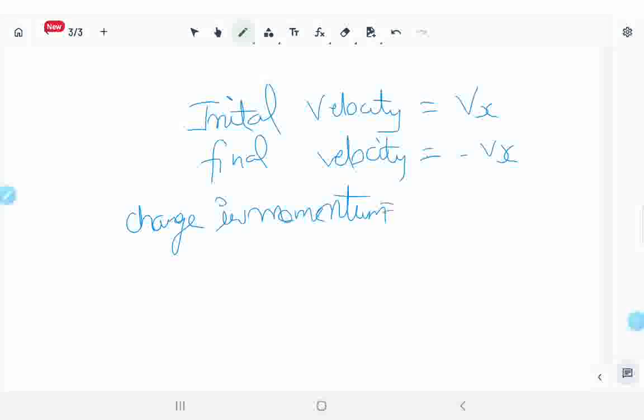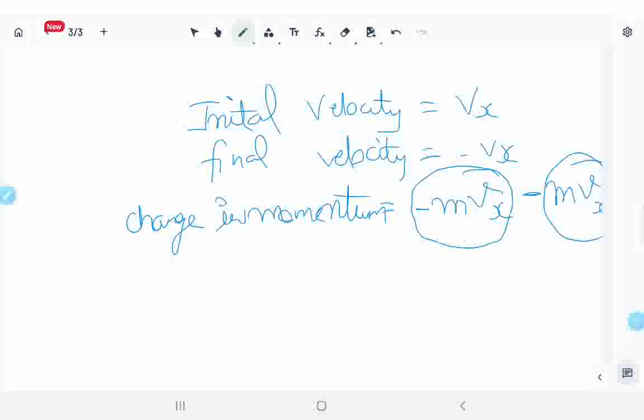It is equal to final momentum minus initial momentum. Final momentum is m into minus Vx, minus initial momentum m Vx. So the total change in momentum is minus 2m Vx.